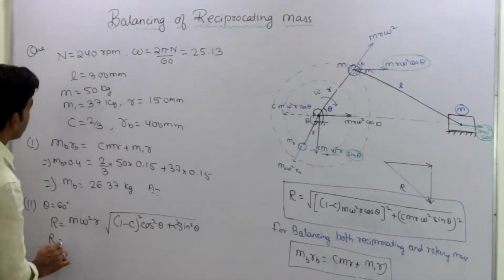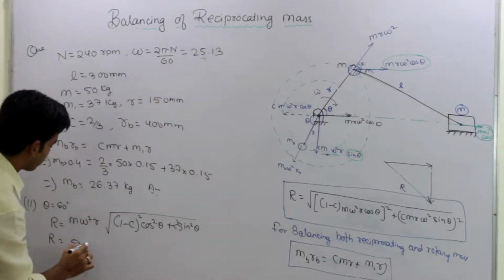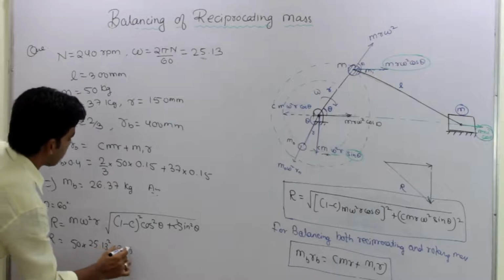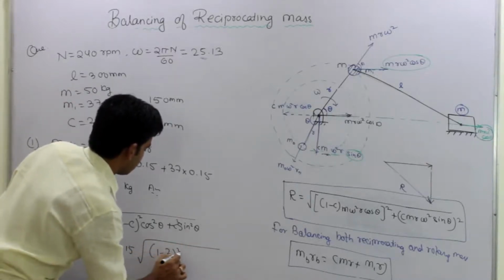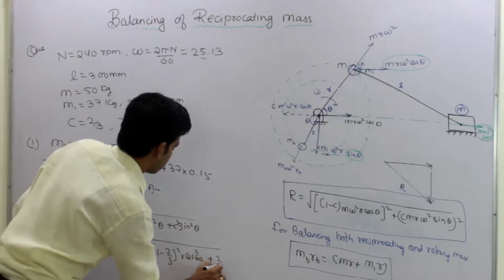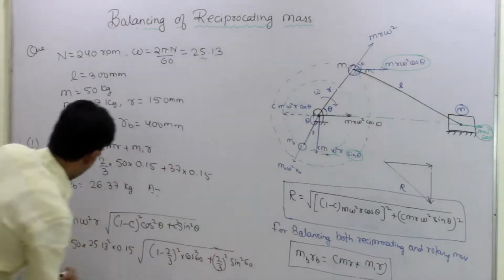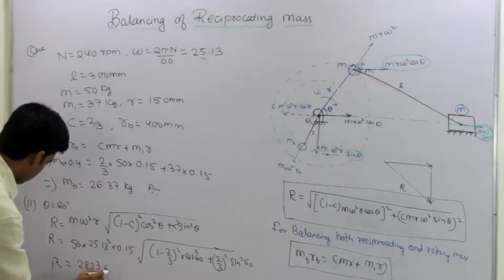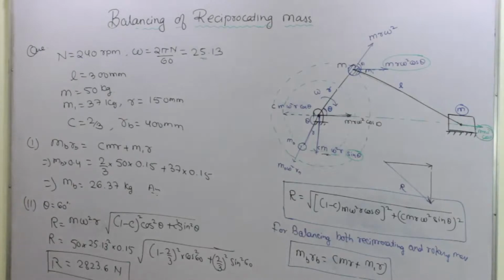This will be equal to m is 50 into omega, 2 pi n by 60, is 25.13 square into r is 0.15 under root of 1 minus 2 by 3 square into cos square 60 plus 2 by 3 square into sin square 60. On calculating this, we will get this unbalanced force as 2823.6 Newton. Answer. Getting this? Okay, simple question.